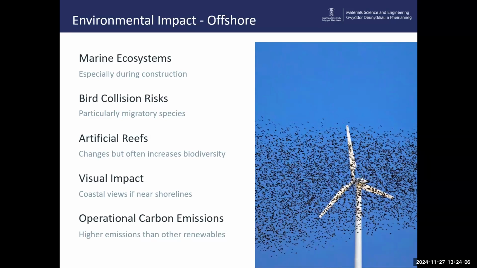Visual impact: the coastal views obviously are affected by large wind turbines. And the operational carbon emissions are often higher than other renewables, mostly because they're remote and in the sea, so it takes higher emissions to maintain and inspect the turbines.